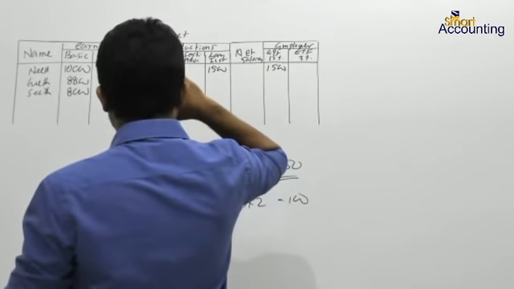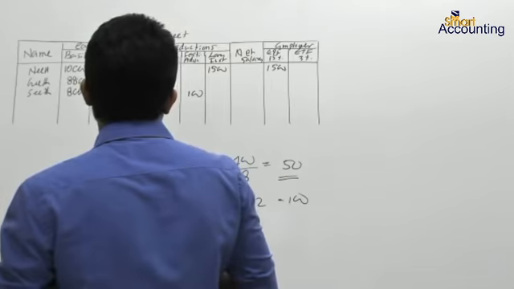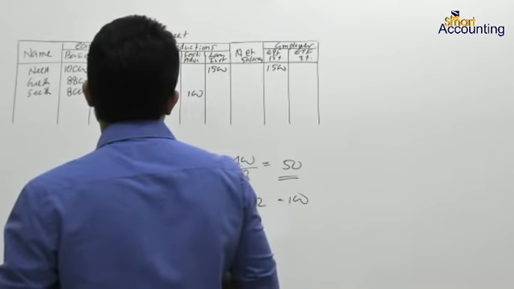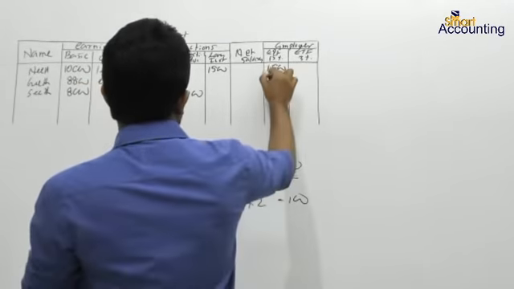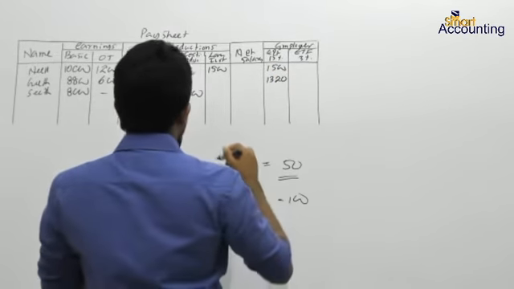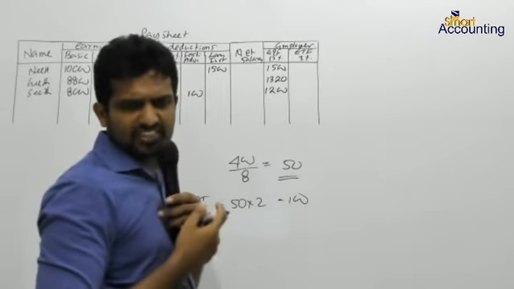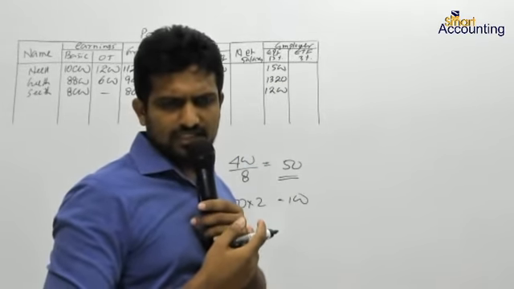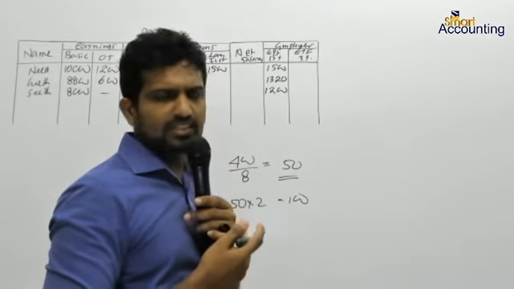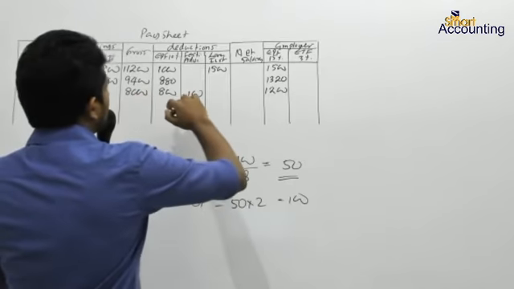Here 15%, 1,320. Is this 1,200? Any ETF there? No ETF.